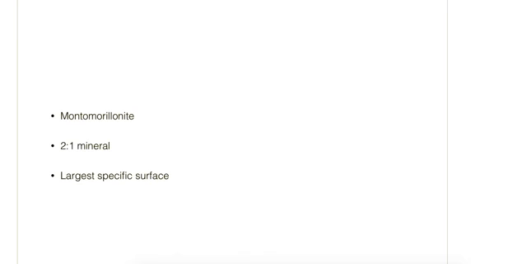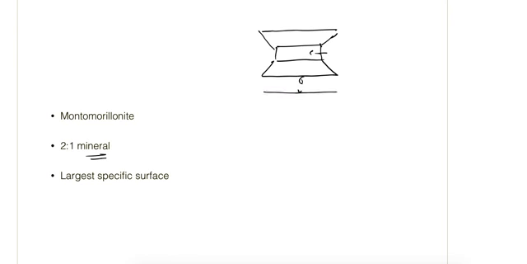Next is the montmorillonite mineral. This is a 2:1 mineral. In that case, one gibbsite sheet is sandwiched between two silica sheets. This is the alumina gibbsite sheet, this is the silica sheet, and this is separated by water.